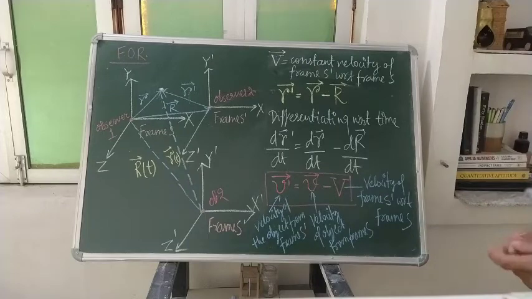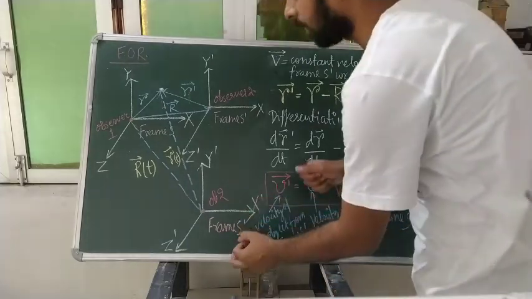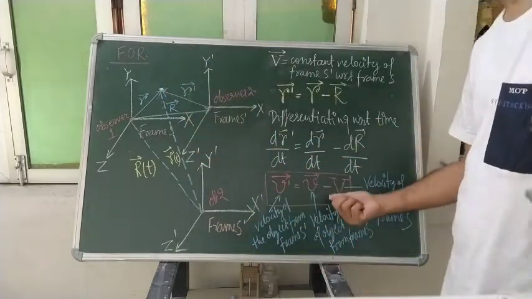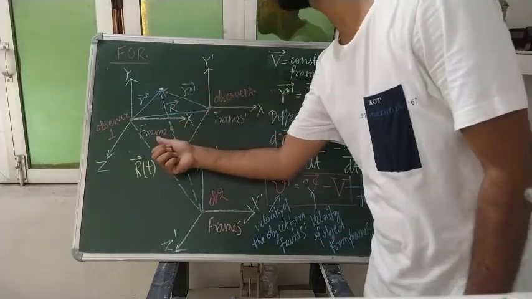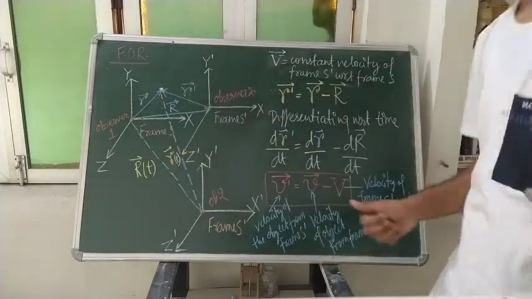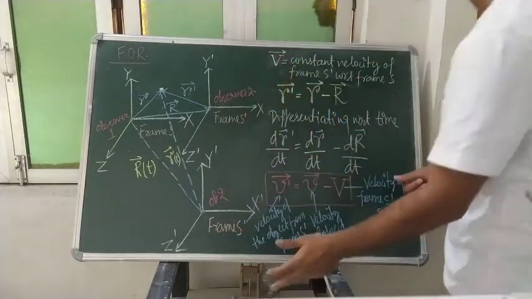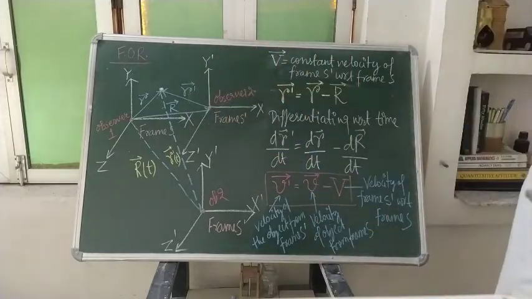That means whatever velocity we have of that object from frame S prime will be equal to the velocity of the object from frame S minus the velocity of frame S prime, from which we are looking at that object.